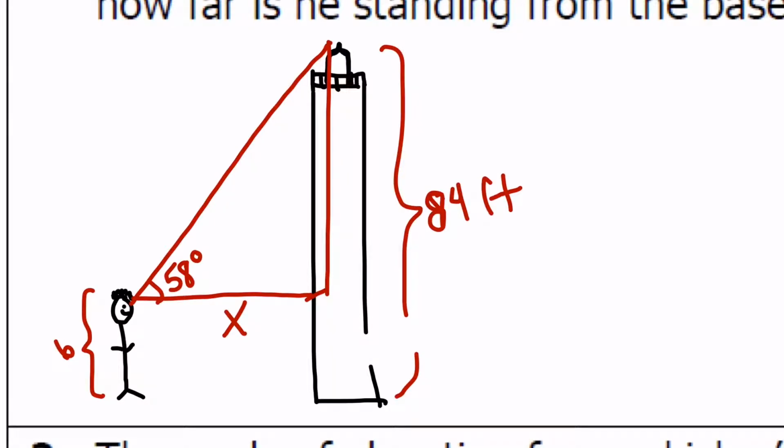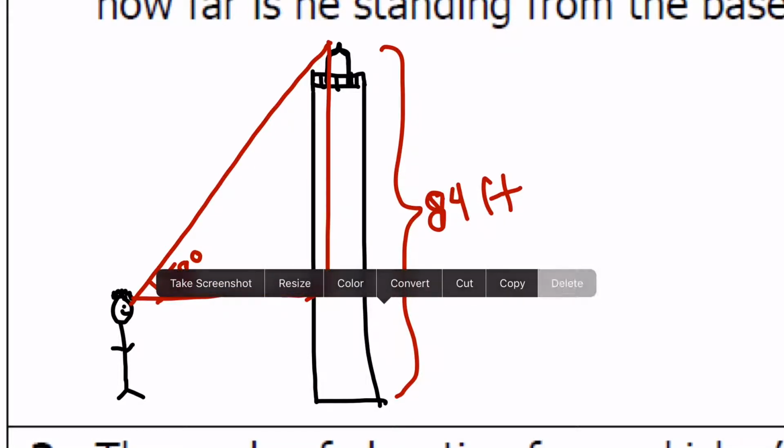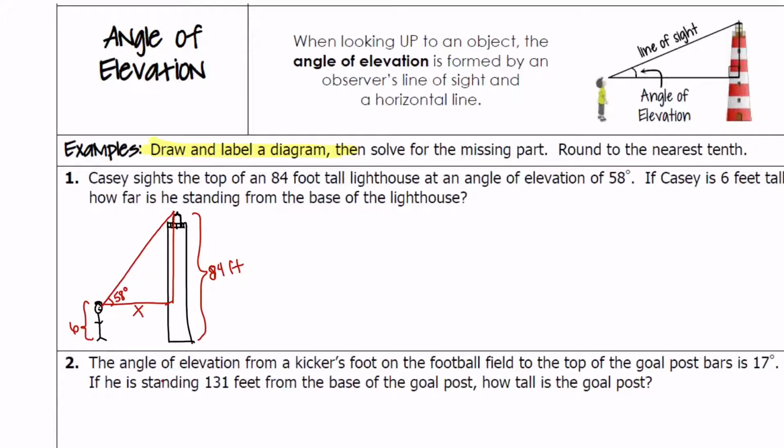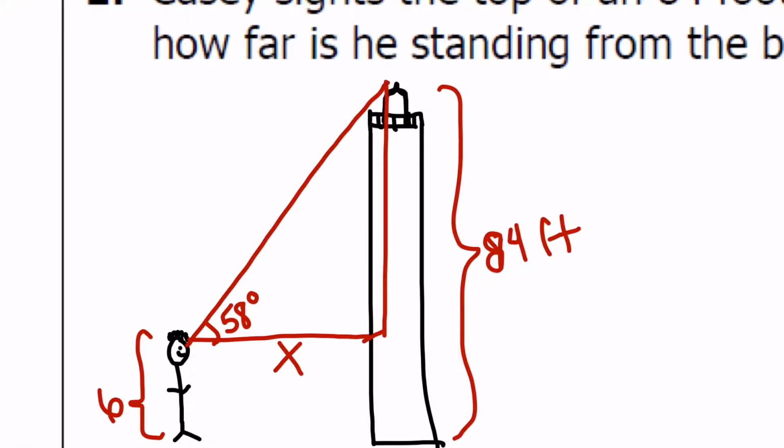We have different pieces of information that we need in order to find this. I'm trying to get rid of that line. This distance, x, that he is from the lighthouse. Okay, so remember when we're trying to find the side of a right triangle, we have to know an angle other than the 90 degree angle, and at least one side.